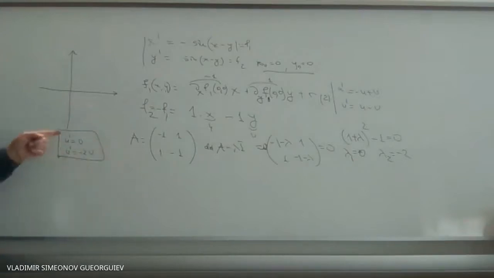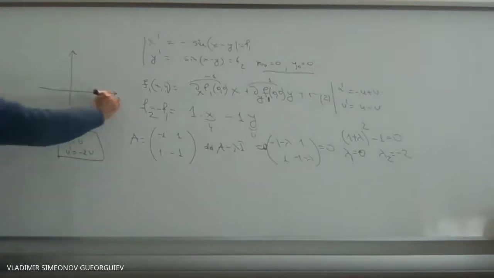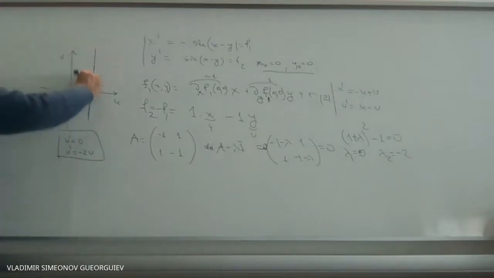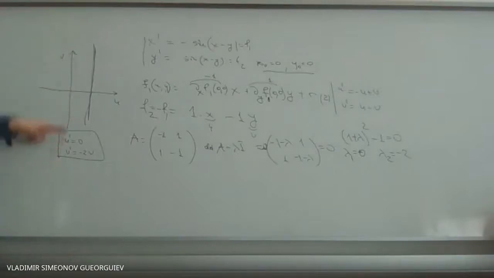This is the diagonal system when we have eigenvalues 0 and minus 2. And for this, we already have the picture. If this is u, if this is v, u prime equals 0 means u is a constant. If u is a constant, then we shall have such a line. U constant is such a line.